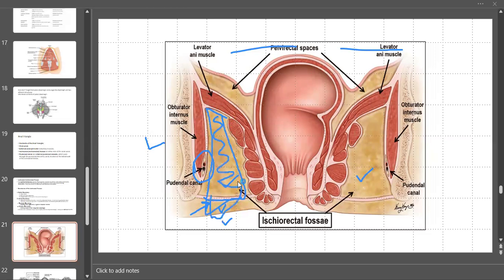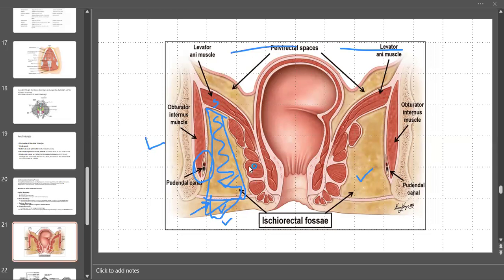So they ask the boundary is obturator internus muscle, and sometimes, yes, Dr. Sana, sometimes they give you in the option that obturator internus muscle fascia, and that's also a correct answer. And what is the superior boundary? It's in front of you, guys. Levator ani muscle, very good.